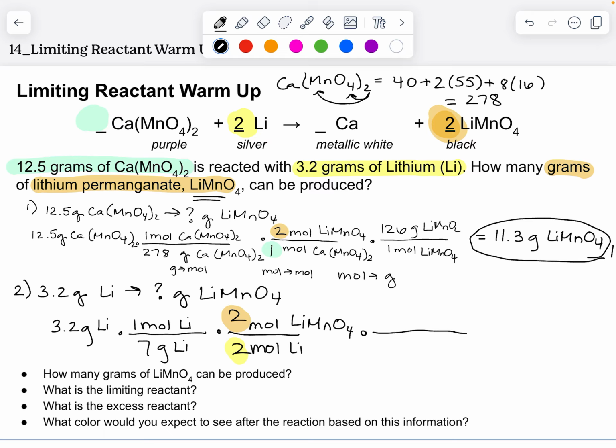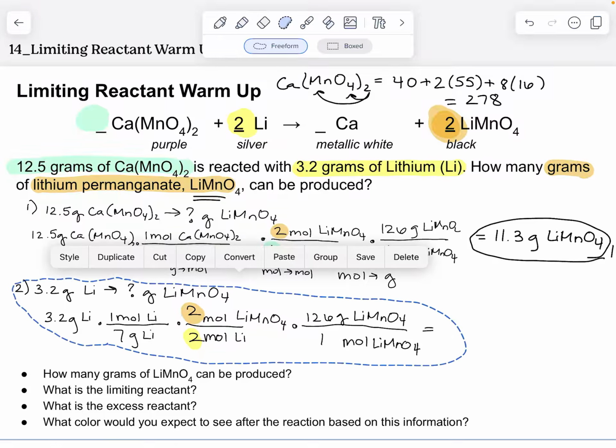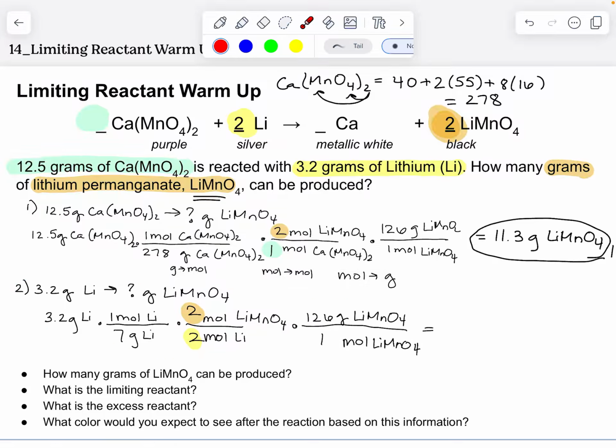Last step is getting rid of moles of lithium permanganate, and we want that molar mass. So 1 mole is molar mass, 126 grams of lithium permanganate on the top. That's my setup. All of my units will cancel. Whatever was in the top is now going to be in the bottom of the next ratio. And I can multiply anything across the top and then divide by anything on the bottom.